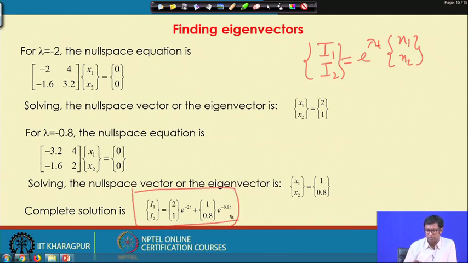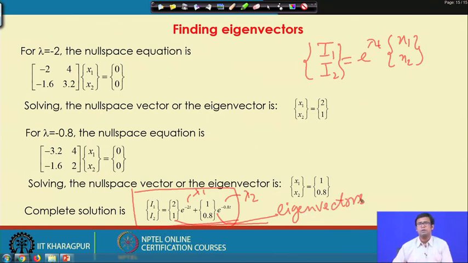is 2 1 e to the power minus 2t, and this is one eigenvalue, and 1 1.8 e to the power minus 0.8t, this is another eigenvalue, and these are the eigenvectors. So far so good. For the rate equation, we can find the eigenvalues and eigenvectors, and the final solution will be a combination of the eigenvalues and eigenvectors, and it can be any linear combination of that.